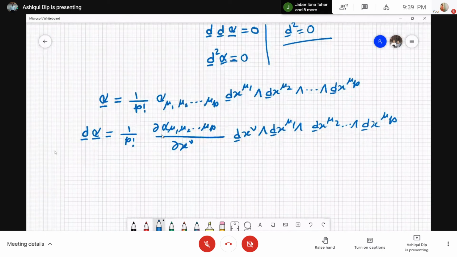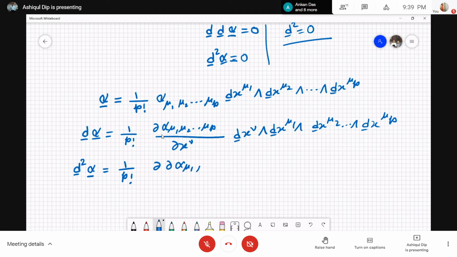Then if you take the derivative again, d squared alpha would be 1 over p factorial. Then you have to take the derivative of this part again, which is partial squared alpha mu1 mu2 up to mu p by partial x lambda partial x nu.